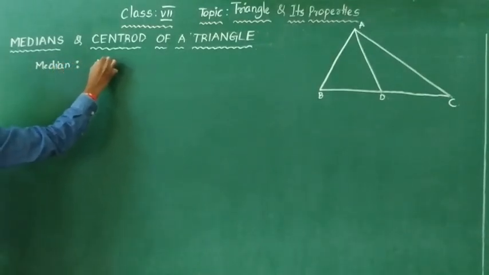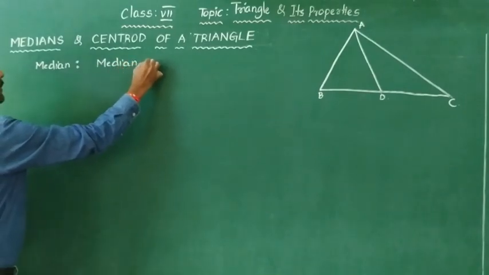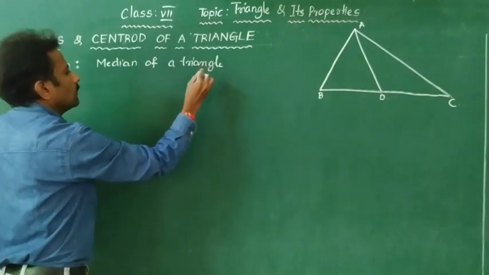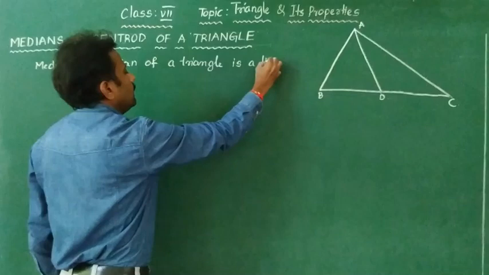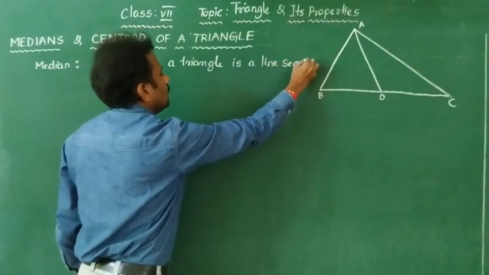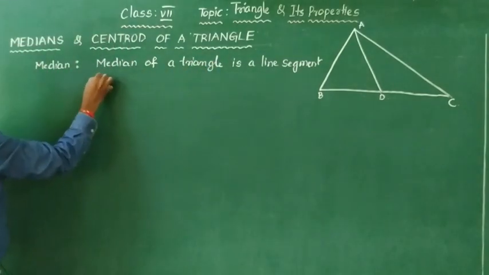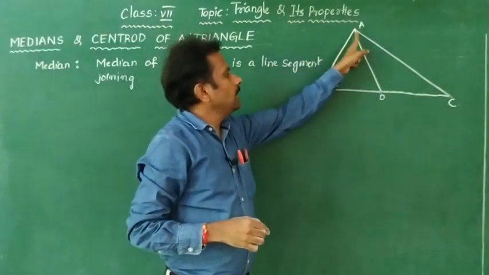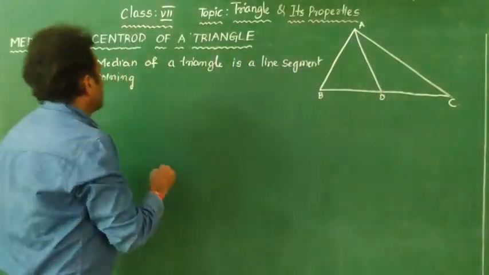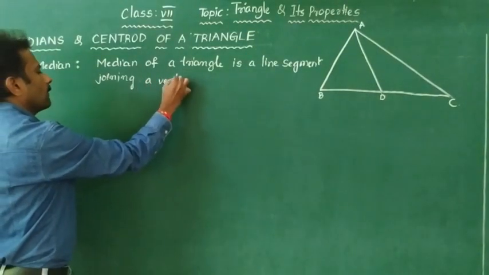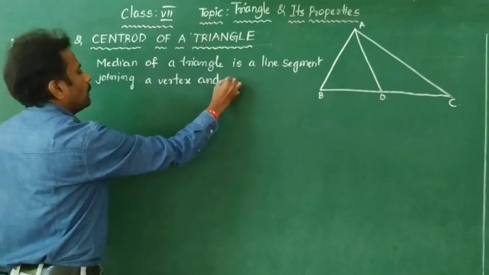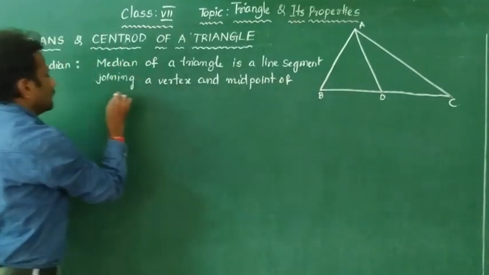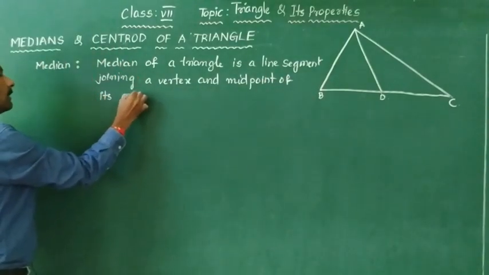Median of a triangle is a line segment joining a vertex and the midpoint of its opposite side.